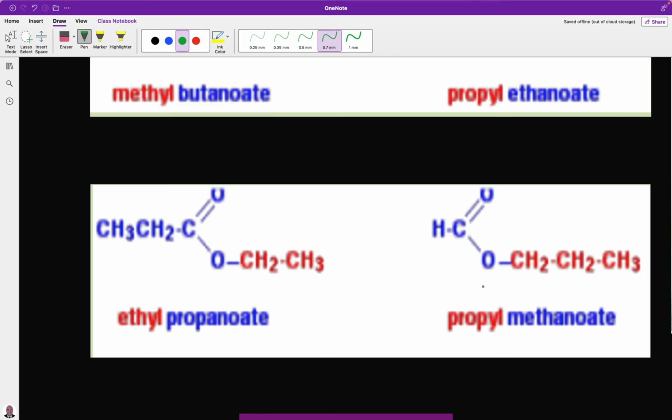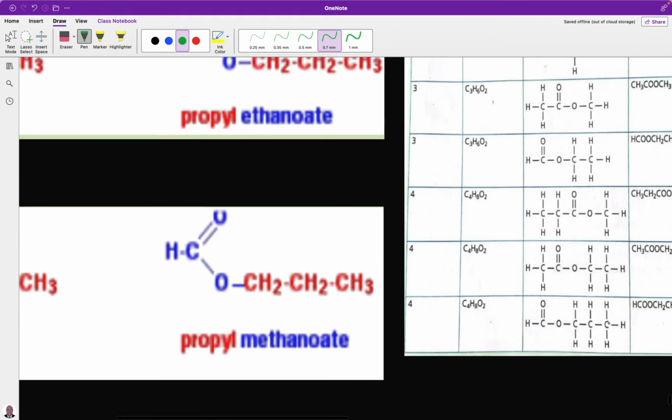So our name is alcohol alkyl group, then the acid follows. Now we say it is propyl methanoate.